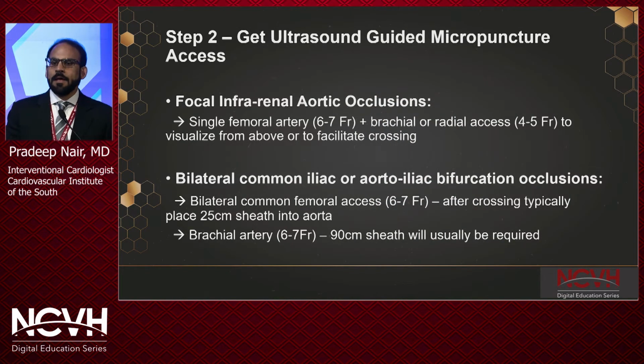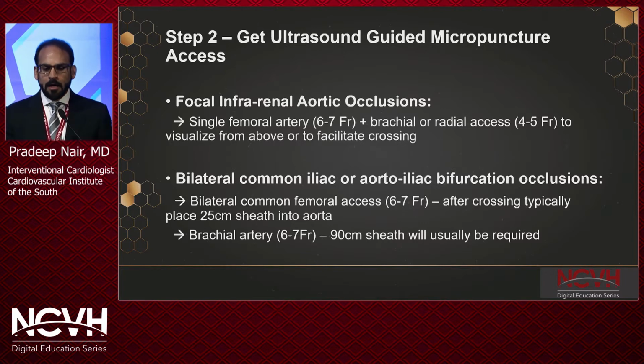Step 2. Get access. And I advocate for ultrasound-guided access as well as micropuncture access to mitigate untoward events. For focal infrarenal aortic occlusions, we typically use a single femoral artery access site as well as a brachial or radial access site to help visualize from above and to facilitate crossing.